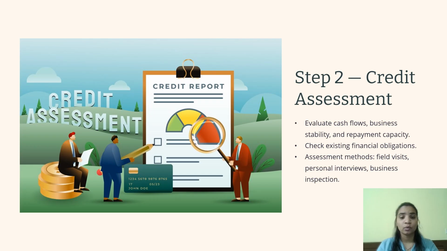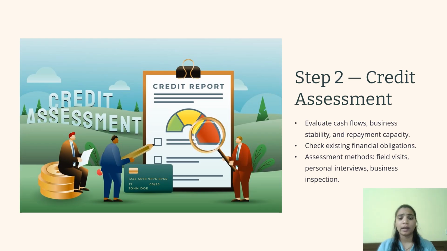So in step 2, we check the credit assessment of the individual who will be taking the loan. This second step involves assessing the borrower's creditworthiness. MFIs evaluate the applicant's cash flow patterns, business stability, and repayment capacity to determine their financial strength.